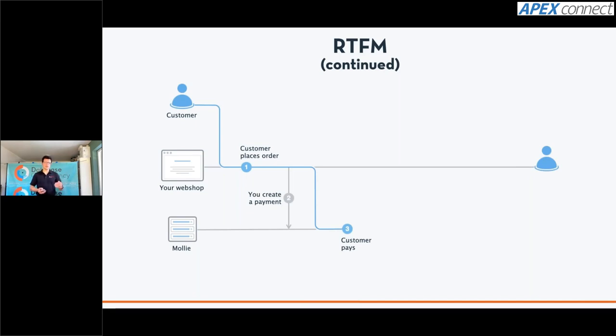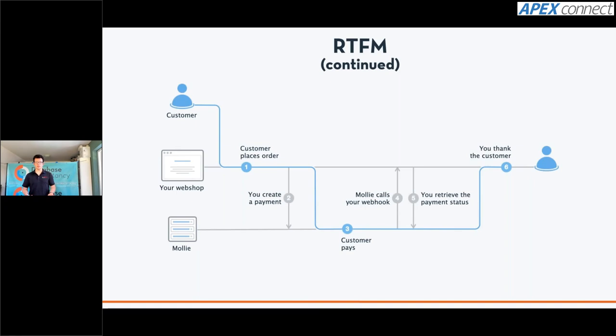Mollie then calls your webhook, and we need to check if this is really an order, and get the new status, like this order has been paid. If the order has been paid, Mollie sends us back to the website, and we can thank our customer. And we end up with a happy customer.